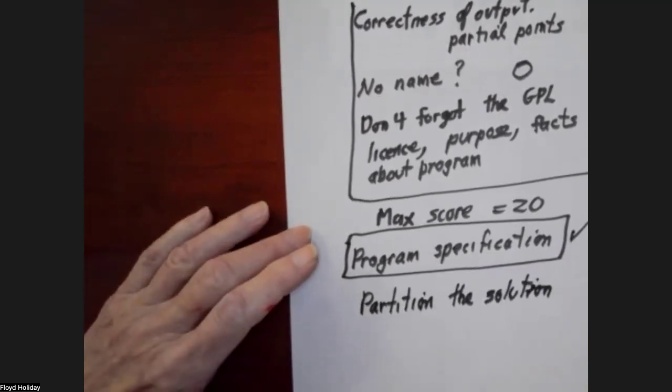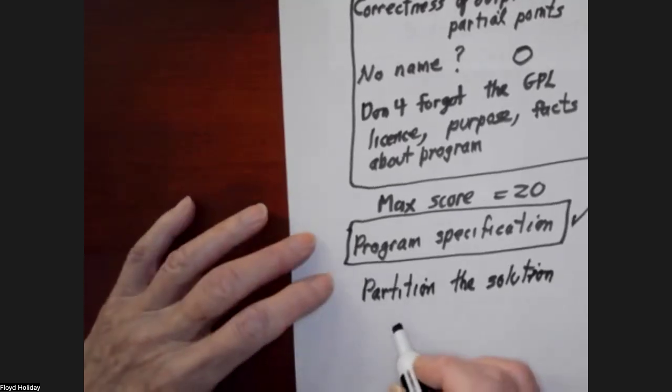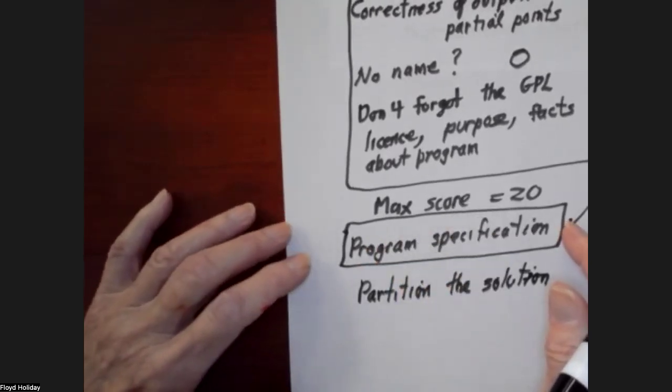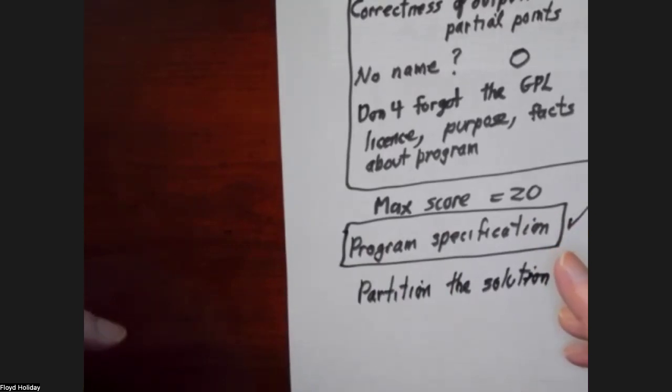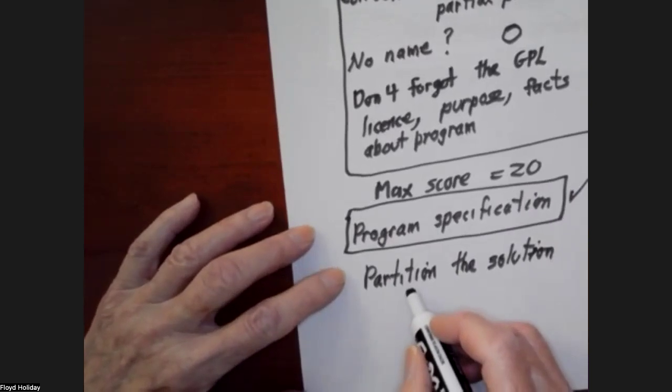Okay, so I gave you a partitioning because this program is so small. The specification document can be stated in one sentence: make a program that will accept the two sides of a triangle and the angle in between them and compute the remaining third side and show that number. Well, here it is partitioned.